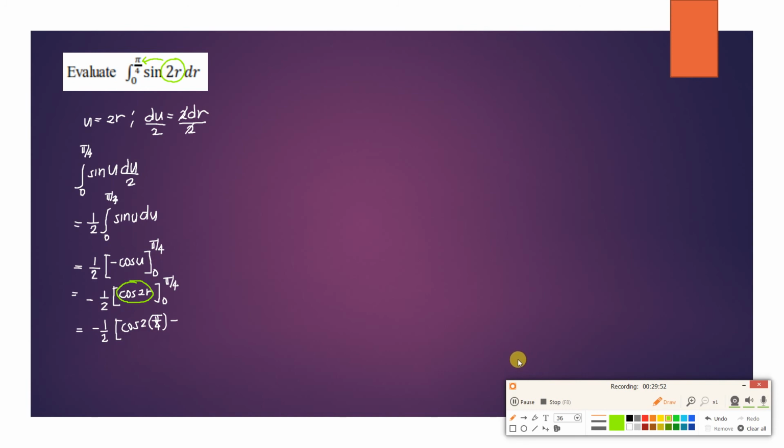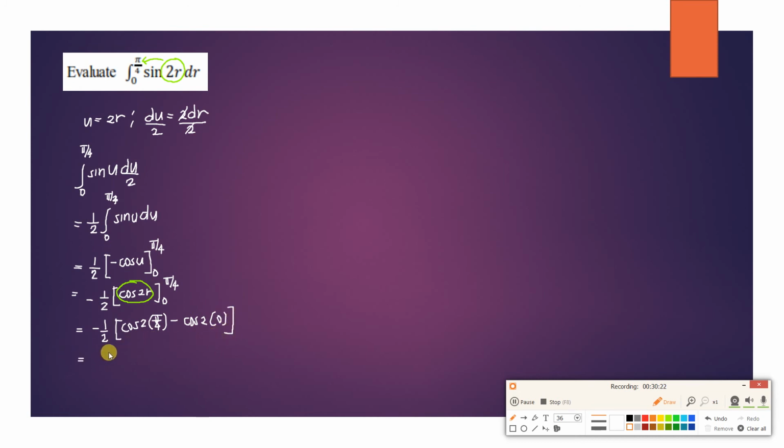Hindi pwedeng cosine nag-iisa lang tapos r lang ang papalitan. Buo siya. So, we have upper, cosine 2 times pi over 4, minus lower, cosine 2 times 0. Ayan yung tamang pag-evaluate.